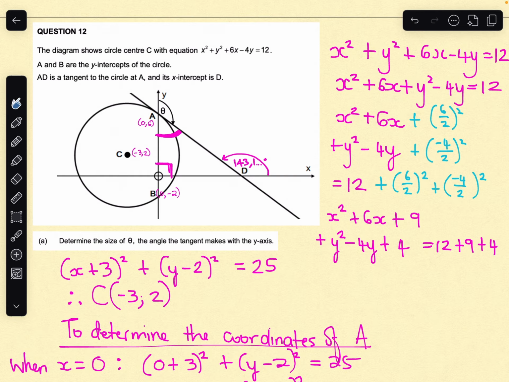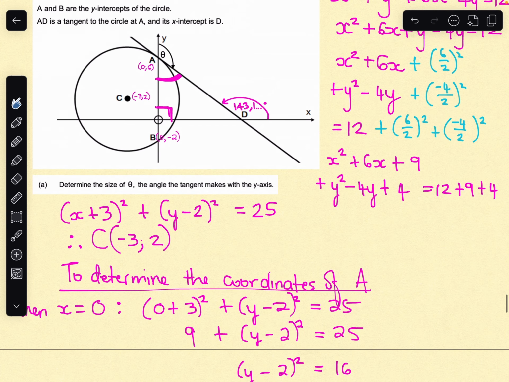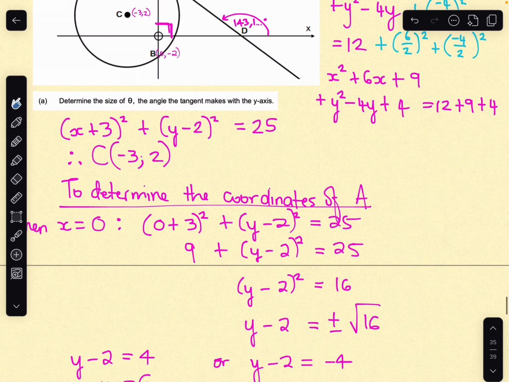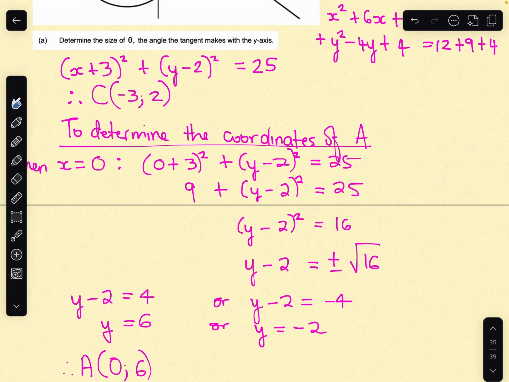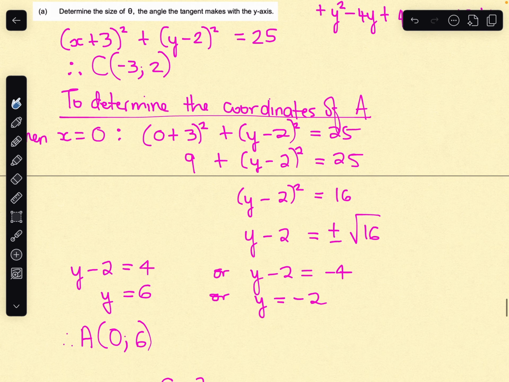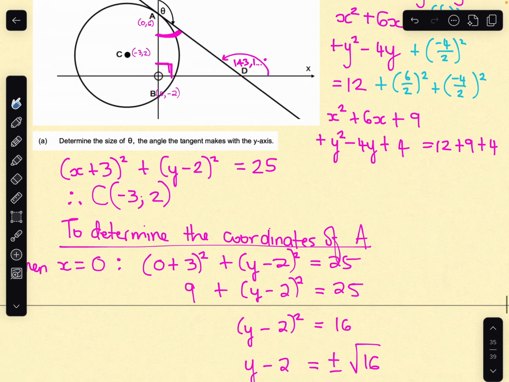So first up we have completing the square, which is what we did. And so we got the center of the circle. And then next up, we used the equation of the circle to figure out the coordinates of A, so finding the y-intercepts of the circle.